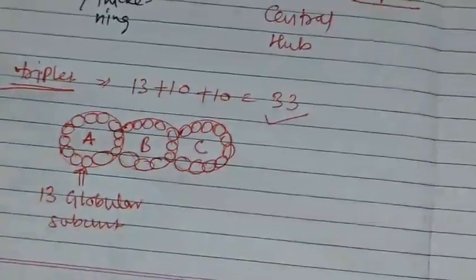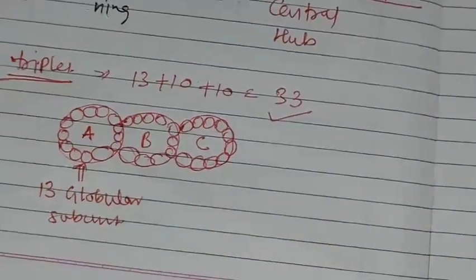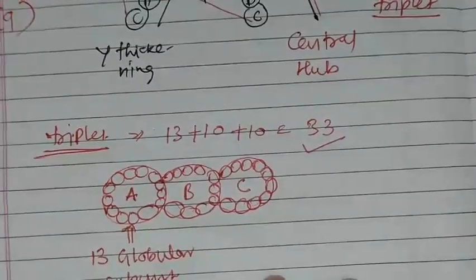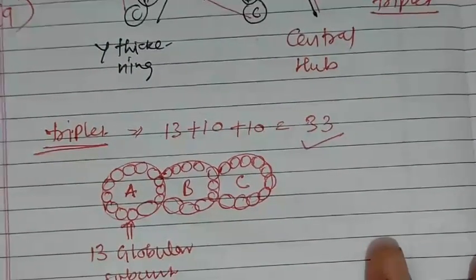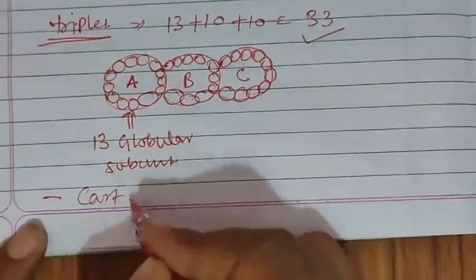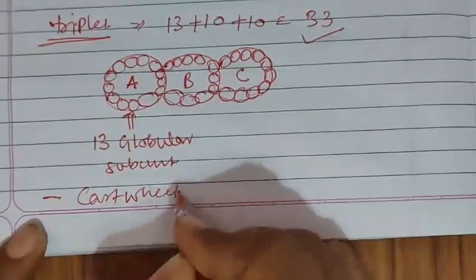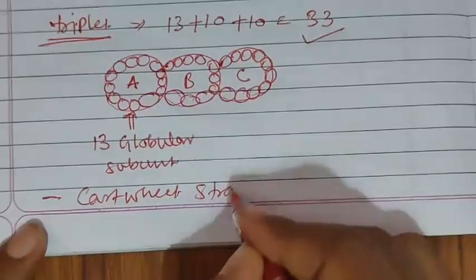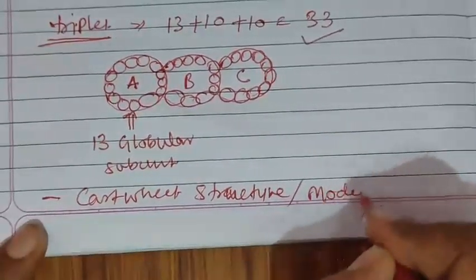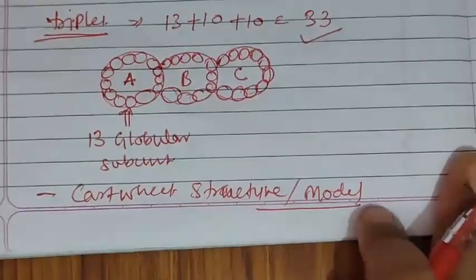So 33 globular proteins are involved in formation of one triplet. So this is the structure of centriole. Now this centriole structure is known as the cartwheel structure or cartwheel model of centriole.